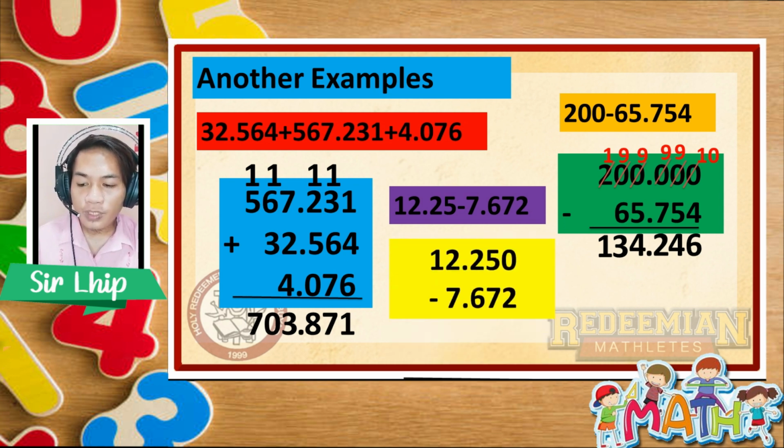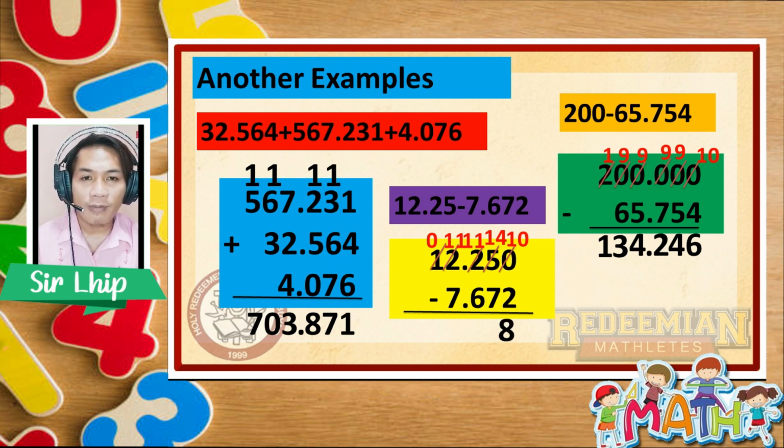We regroup. 0 becomes 10, 5 becomes 14, 2 becomes 11, 2 becomes 11, and 1 becomes 0. 10 minus 2 equals 8, 14 minus 7 equals 7, 11 minus 6 equals 5, and bring down decimal point. 11 minus 7 equals 4. Therefore, the difference is 4 and 578 thousandths.